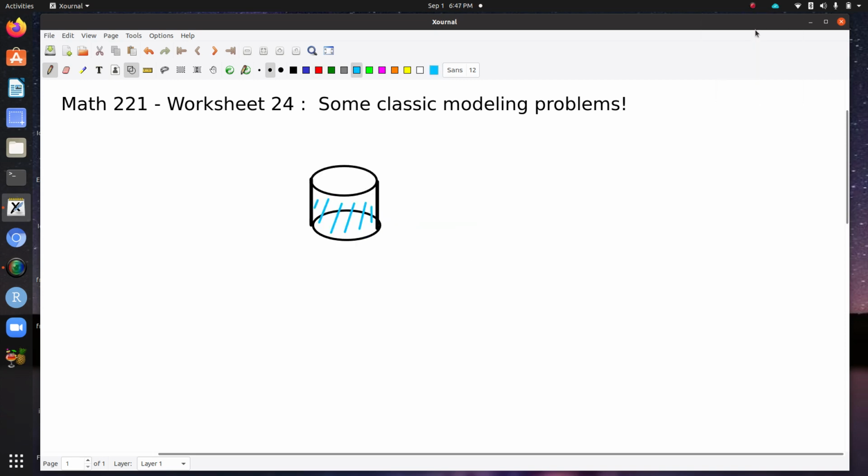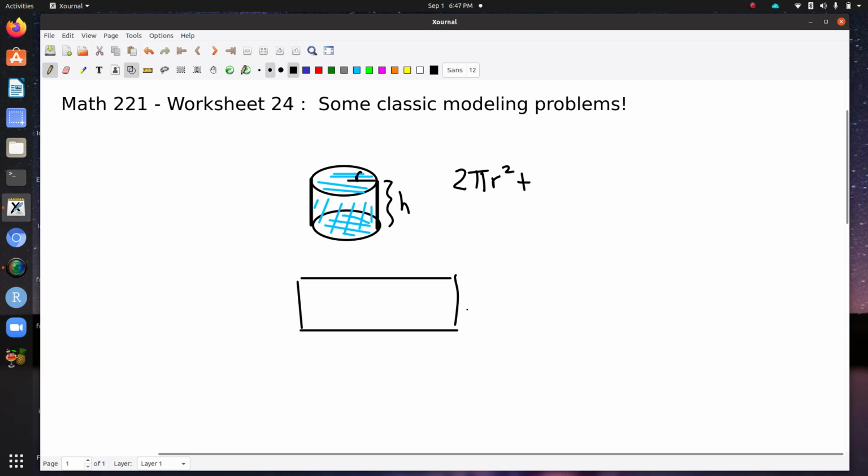Okay, one of your questions asks you about a closed cylinder. What this means is that the bottom is closed, the sides are closed, and the top is closed. So let's say you've got yourself a radius and a height. You have a top and bottom, which is pi r squared, and you've got two of them. And then you've got this thing: if you think about a soup can label and you open it up like that, what is the surface area of this soup can label?